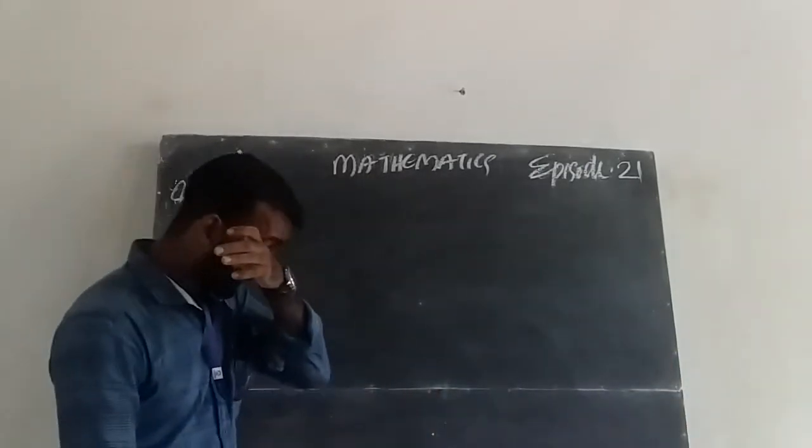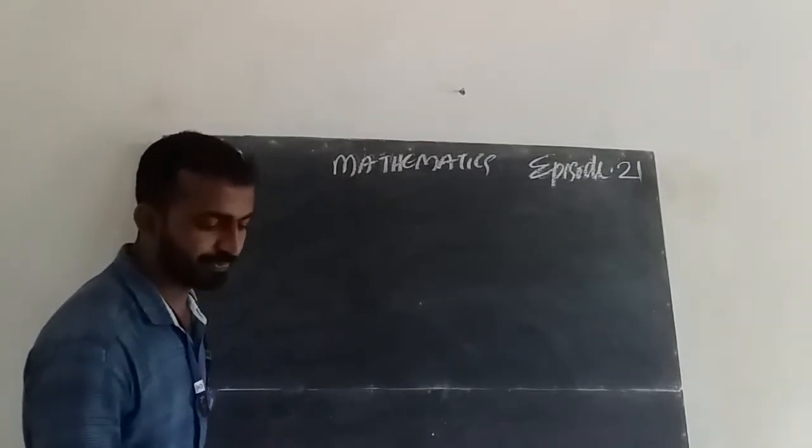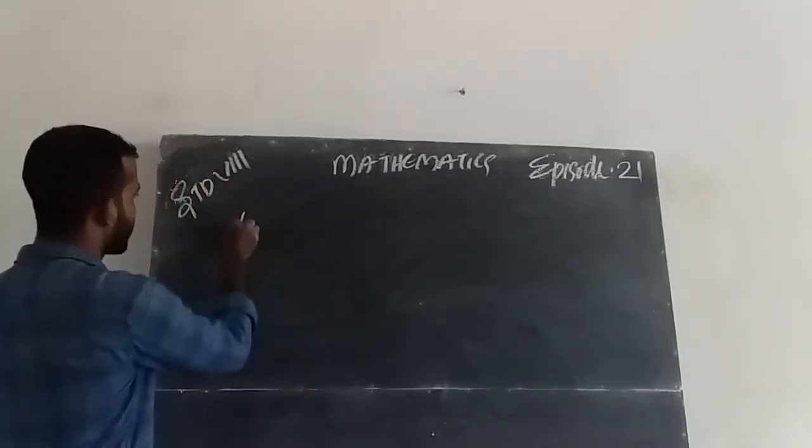For example, we have to construct a quadrilateral ABCD.